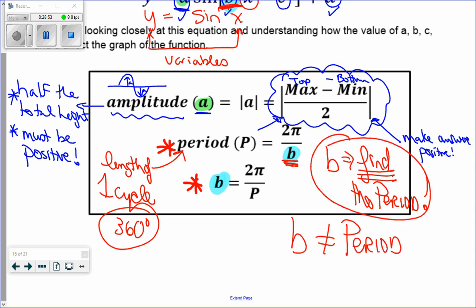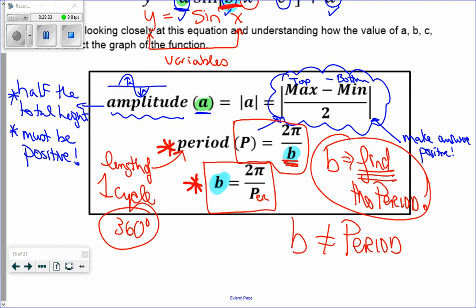B helps us find the period. Now, there are two formulas. The first one is period equals 2 pi divided by B. Just into the bin, Jenna. Yep. The other formula is B equals 2 pi over period.